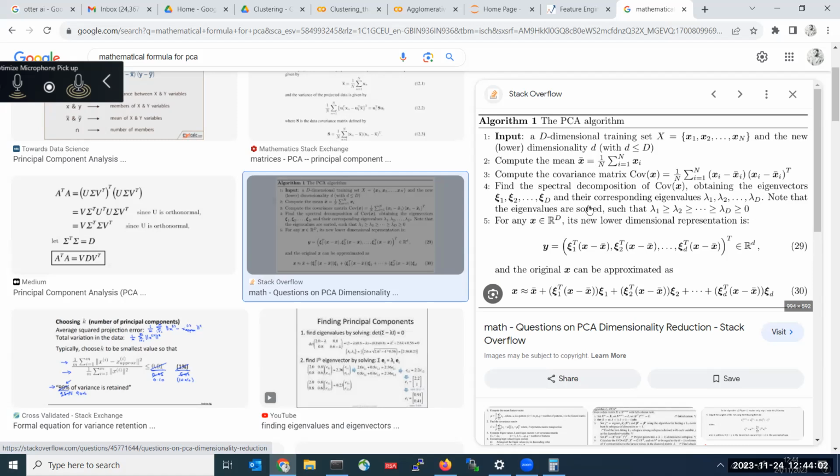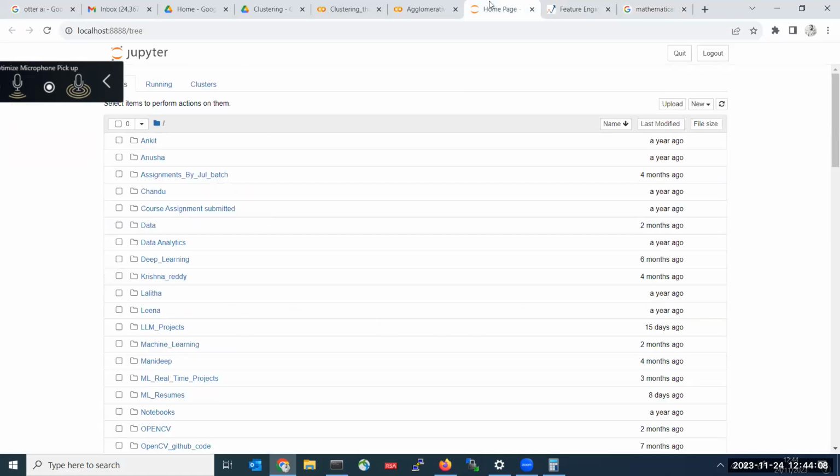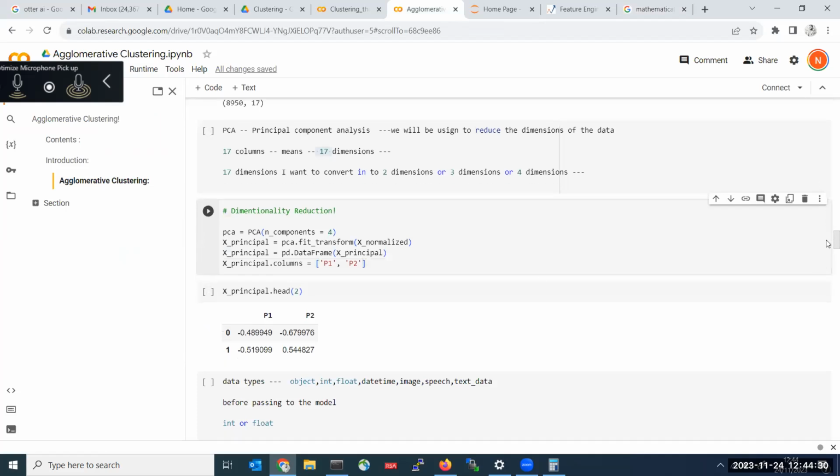Wherever needed, I will explain in depth, don't worry, but you should understand what PCA is, what the use of PCA is, and why we use PCA. First, it is a dimensionality reduction technique. That is the first answer. What is the use? If we can't handle that many features, we use fewer features. We use principal component analysis and we can do that.